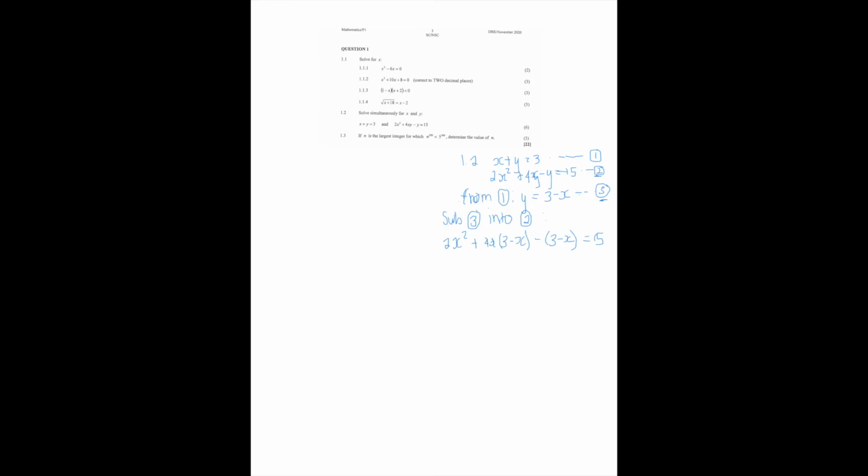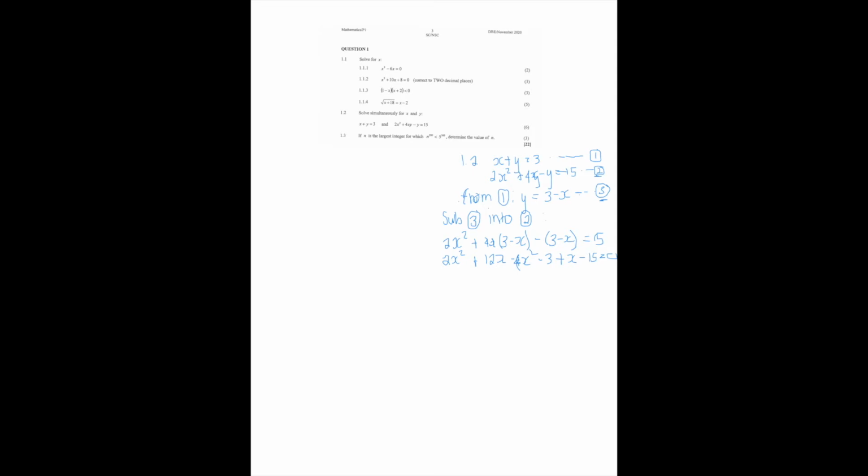Now let's try and rearrange this. So that's 2x squared plus that would be a 12x minus 4x squared minus 3 plus x minus 15 equals 0.